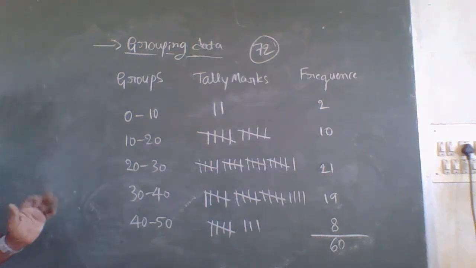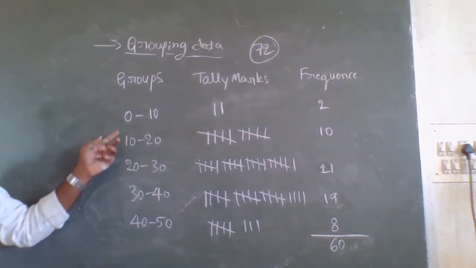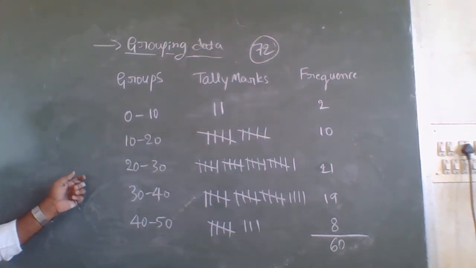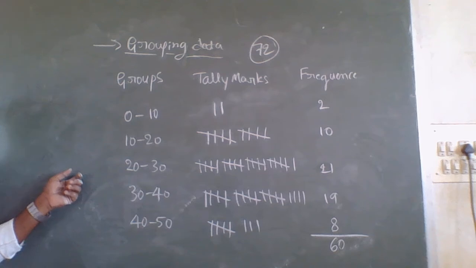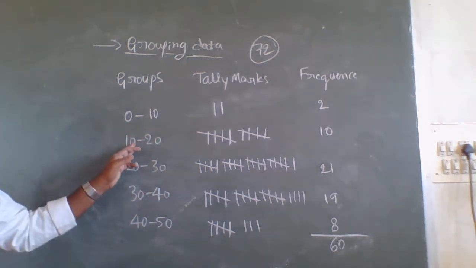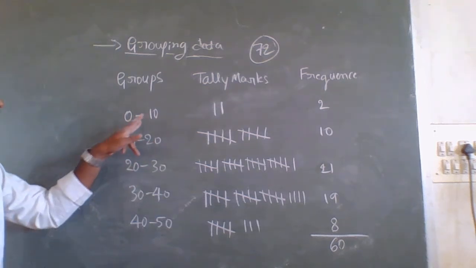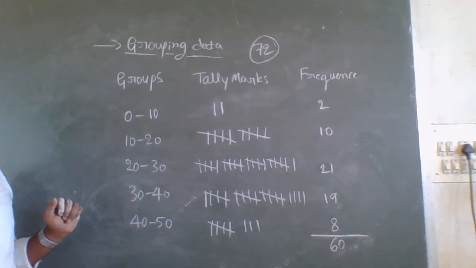Now think, for example, if one student got marks 10, where do we have to enter that student's marks? Here we have 0 to 10, and here also we have 10 to 20. So repeatedly we have 10. Where do we have to mention 10 marks?